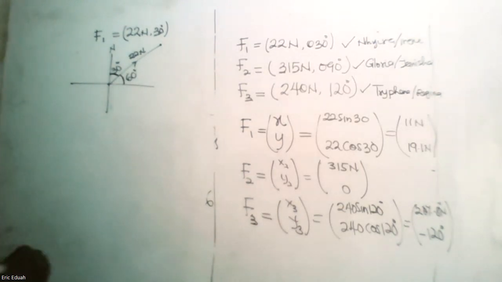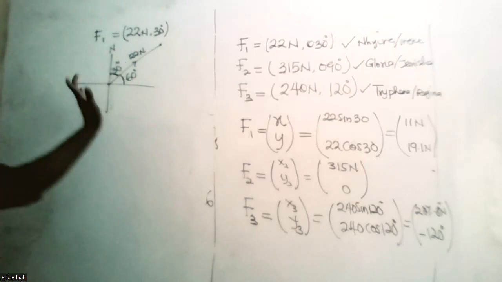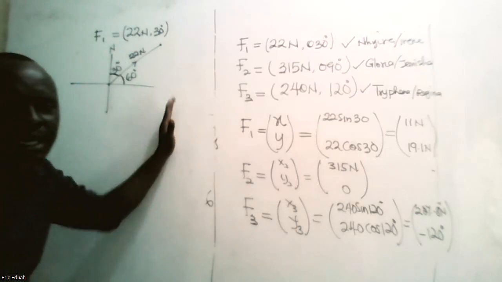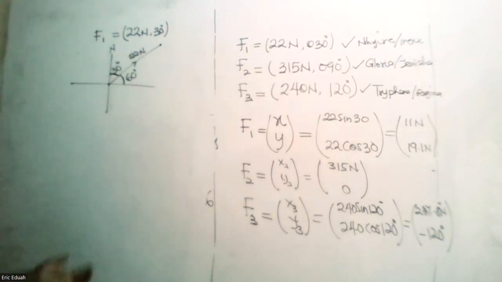So you can resolve this force into horizontal and vertical components using any of the angles. It can be 30, it can be 60. The value must be the same.